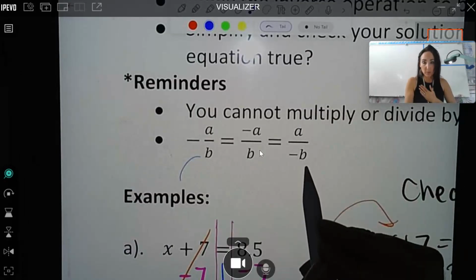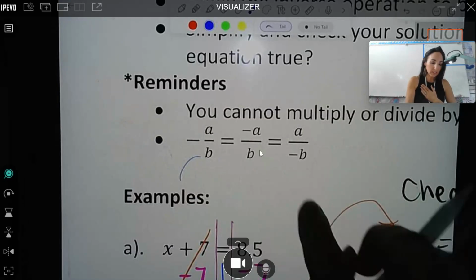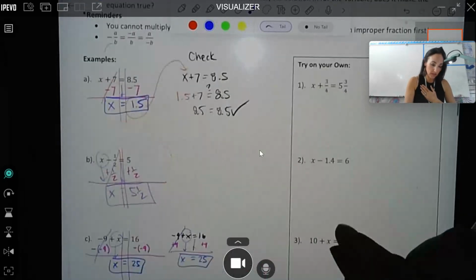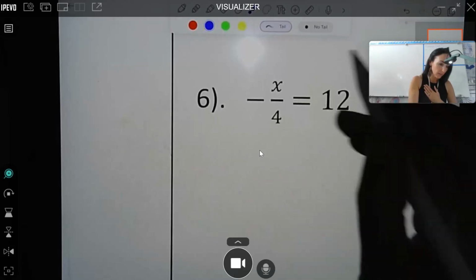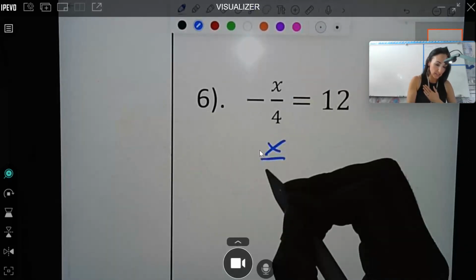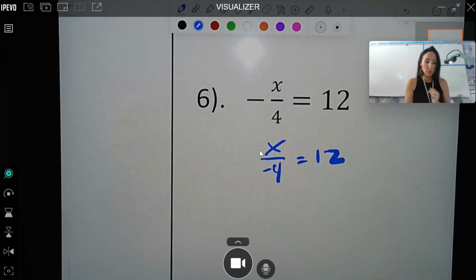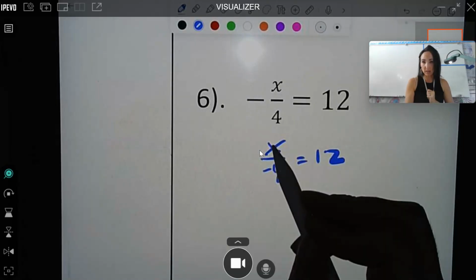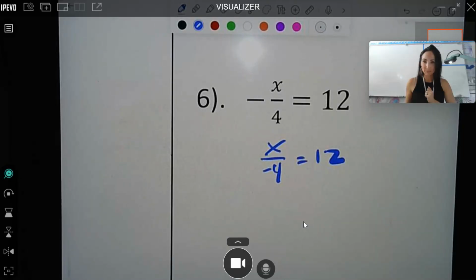You can't put it with both, but it's easier if you put it with the bottom. So when I see this negative off to the side, I'm going to rethink this. And what I'm really thinking is this is the same thing as x divided by -4. And that's the problem I'm solving. So I'm moving this negative and I'm putting it with the bottom. All right, try this.